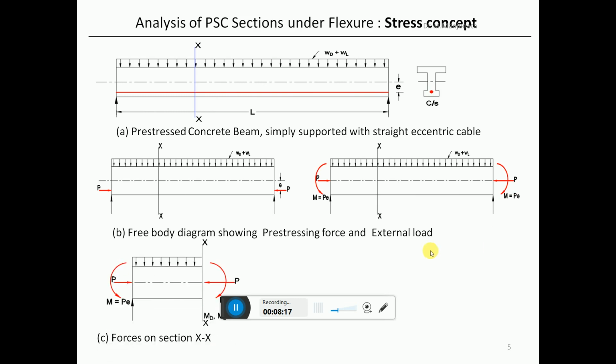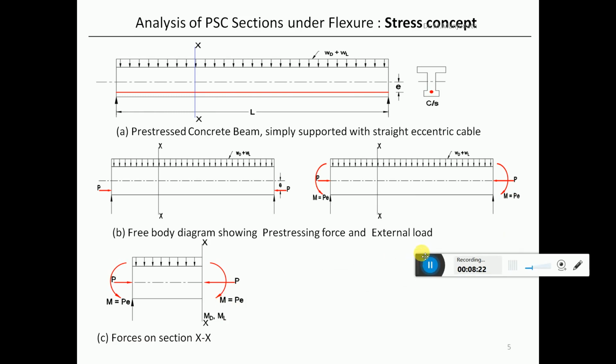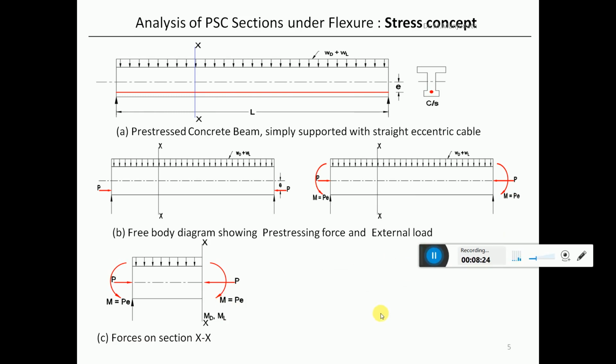Now, the forces at the section where the stresses are to be determined are shown here. So at the section XX, we have this concentric force, pre-stress force P acting, and the moment due to the eccentricity, and the moments due to the loads, which are shown as MD and ML respectively for dead and live loads.